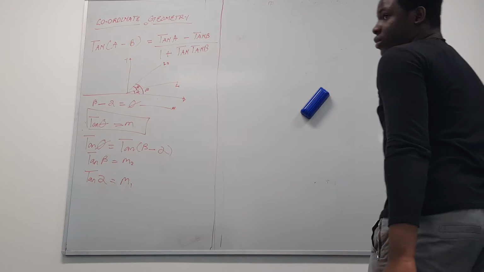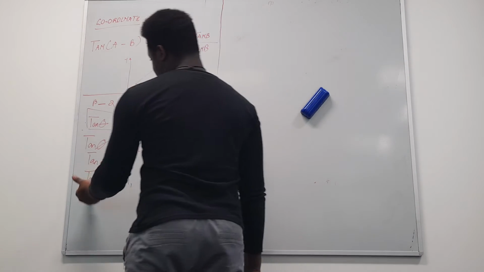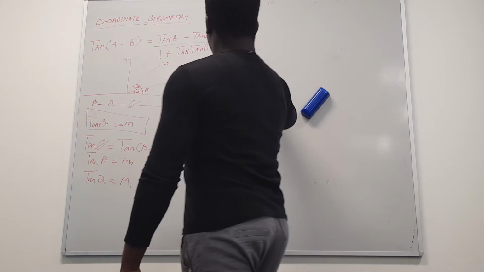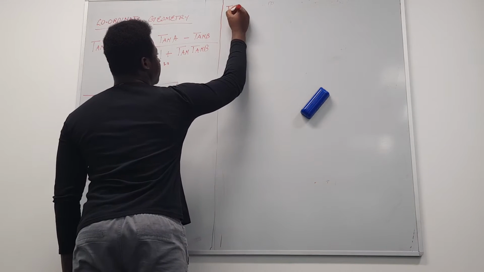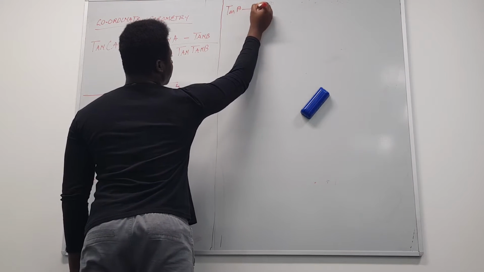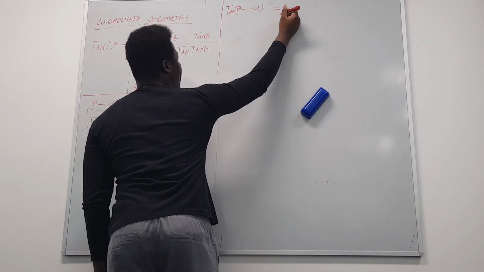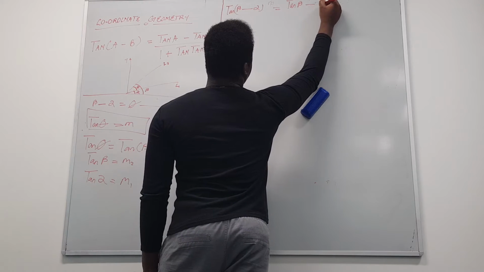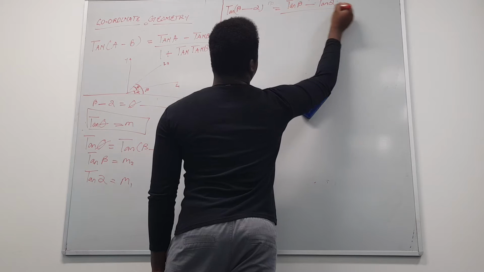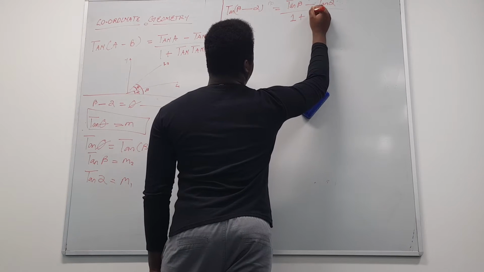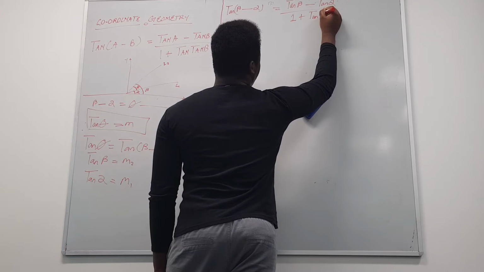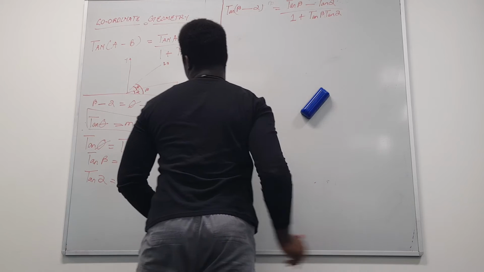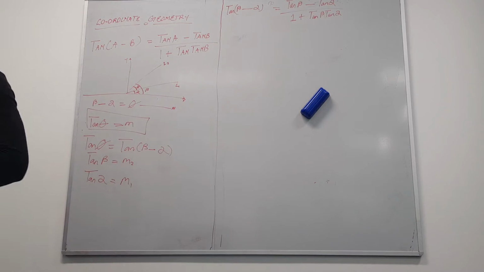So we can further write down the expression for tan of beta minus alpha, and that would be... Note that.